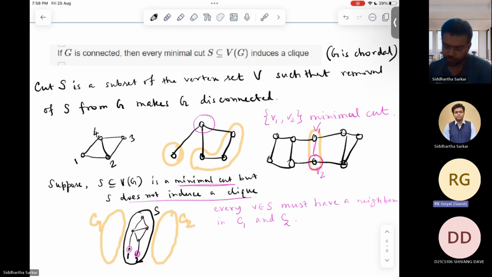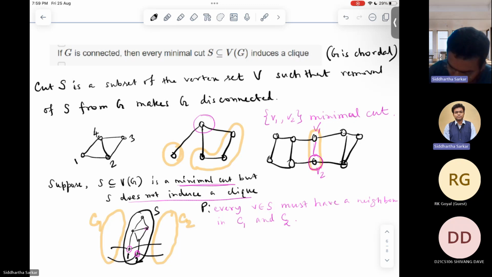Now by this property, there is one edge from 1 to this side and one edge from 1 to this side. Similarly, there is one edge from 2 to this side and one edge from 2 to this side. Let us say this is V1 and this is V2.